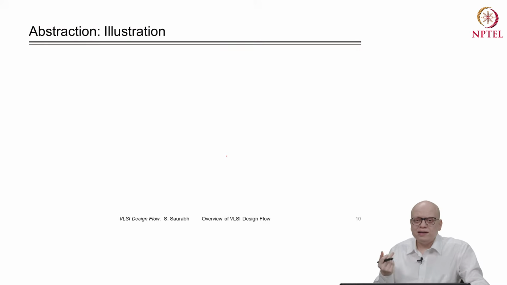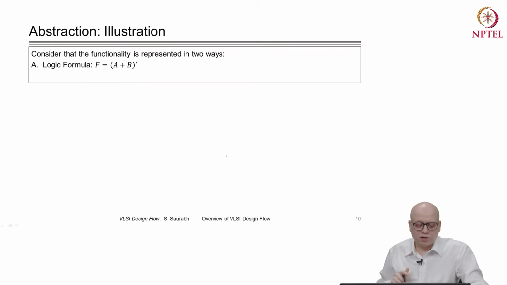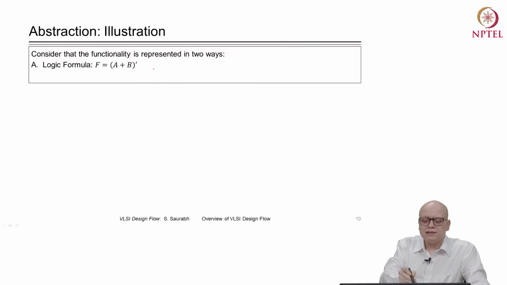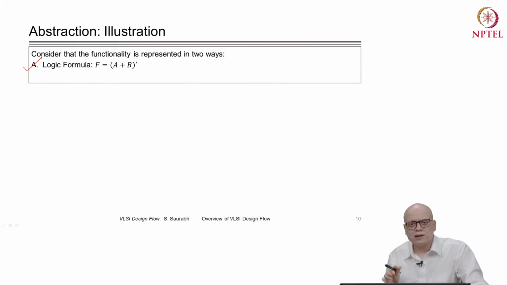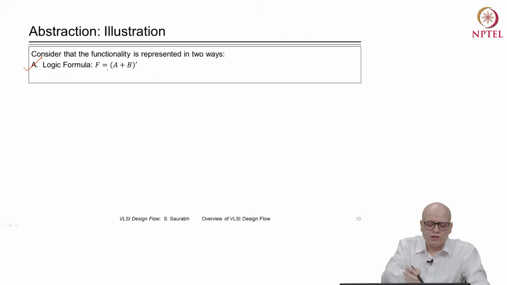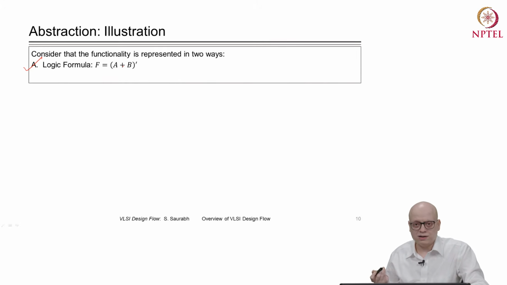Now, to give you an illustration of what the various levels of abstraction are, let's take an example. Consider that the functionality is represented in two ways. First, in terms of a logic formula. This is one level of abstraction in which we are representing a function in terms of a logic formula. For example, f is equal to (a plus b) whole bar, right?